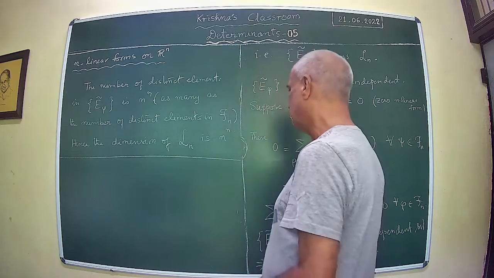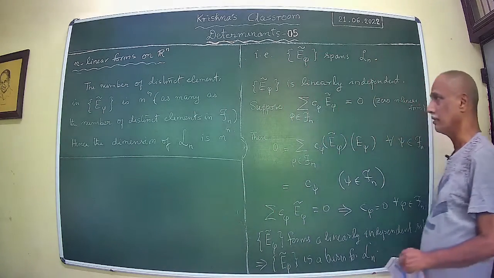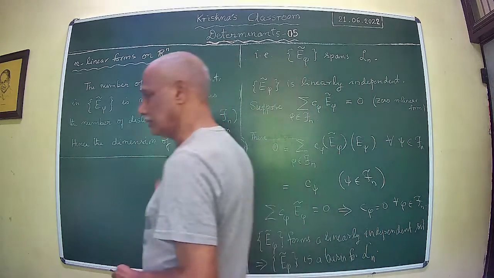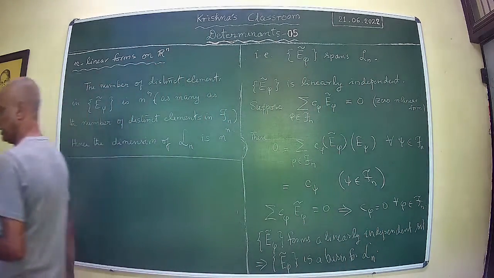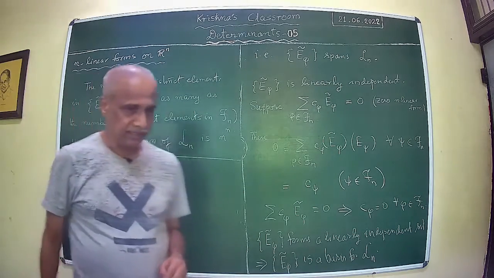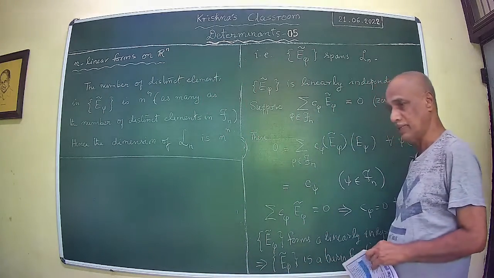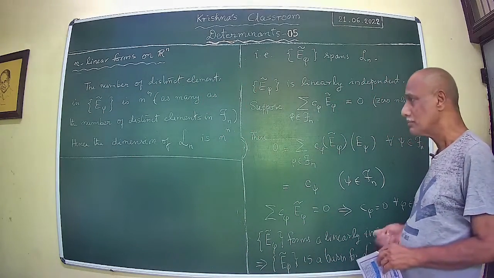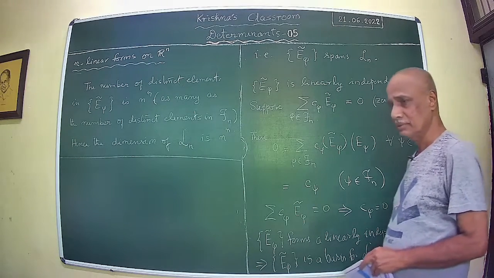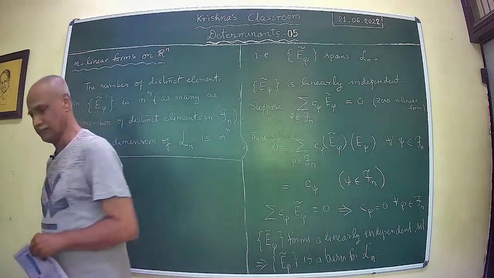So next time we look at what are called alternating n-linear forms, and then through that we prove that the determinant comes out in a very natural way for any linear operator on Rn.